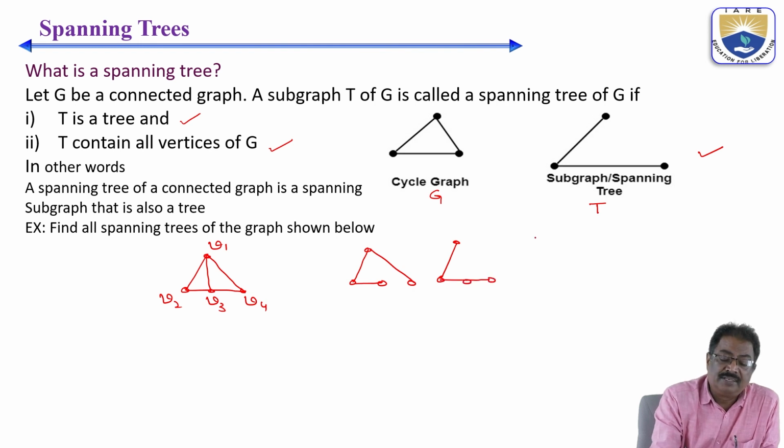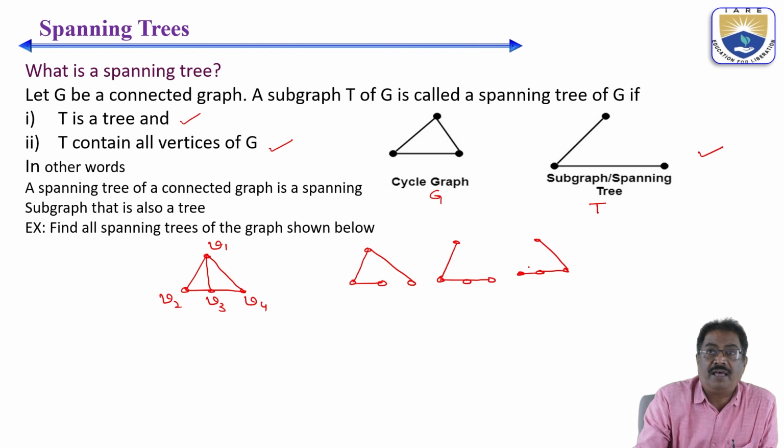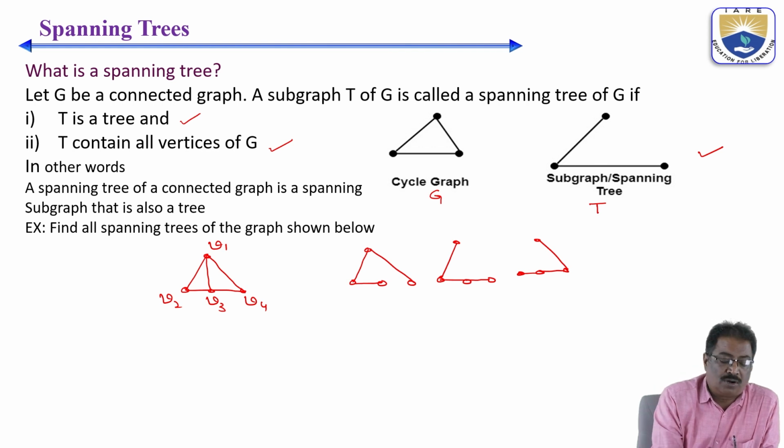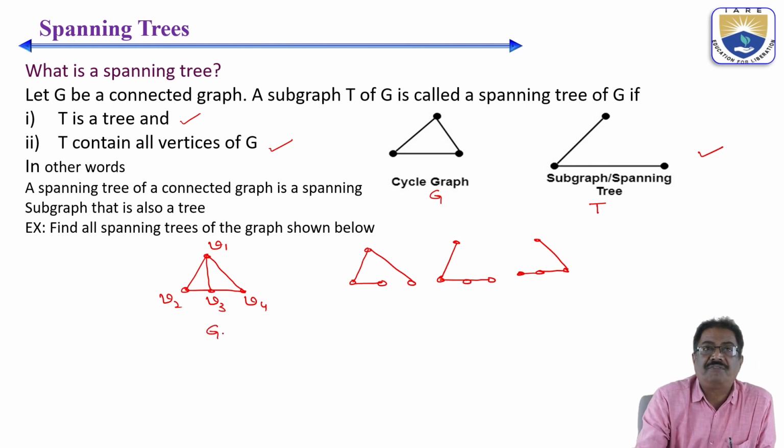Another spanning tree is like this also. All are subgraphs, and they are cycleless, so they are all trees, and each contains the total number of vertices that the graph G has. So these are all spanning trees.